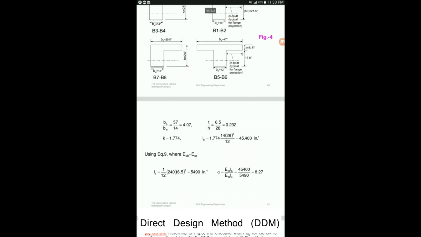Once you have determined the value of B effective, you are now able to calculate the value of K. So use the bigger equations, and in those equations you need these variables. First calculate BE over BW and T over H, and then use these values in the formula to calculate the value of K. For our numerical, the beam which we already solved is a 14 cross 28 beam, and B effective for this beam was 57.